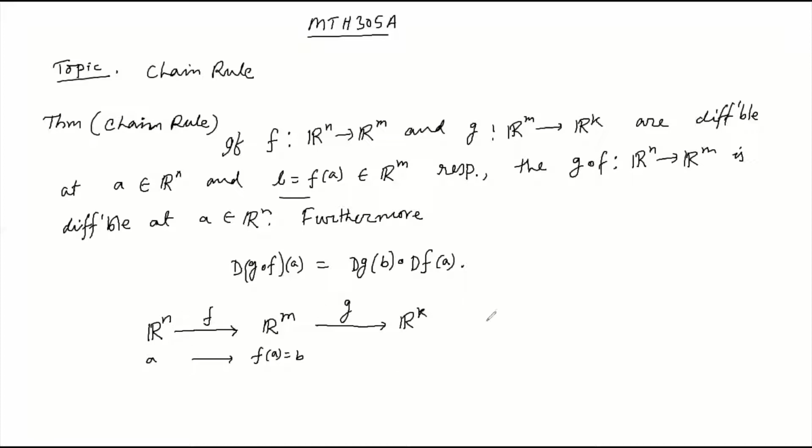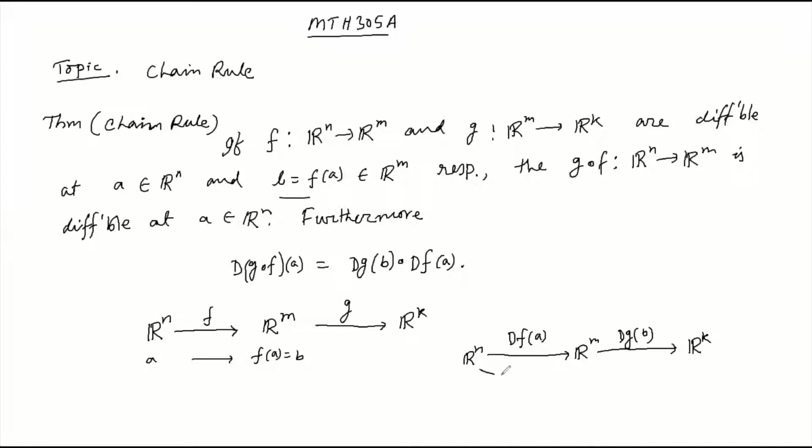Then df, the derivative of f at the point a, is a linear function from Rn to Rm, and the derivative of g at the point b is a linear transformation from Rm to Rk.